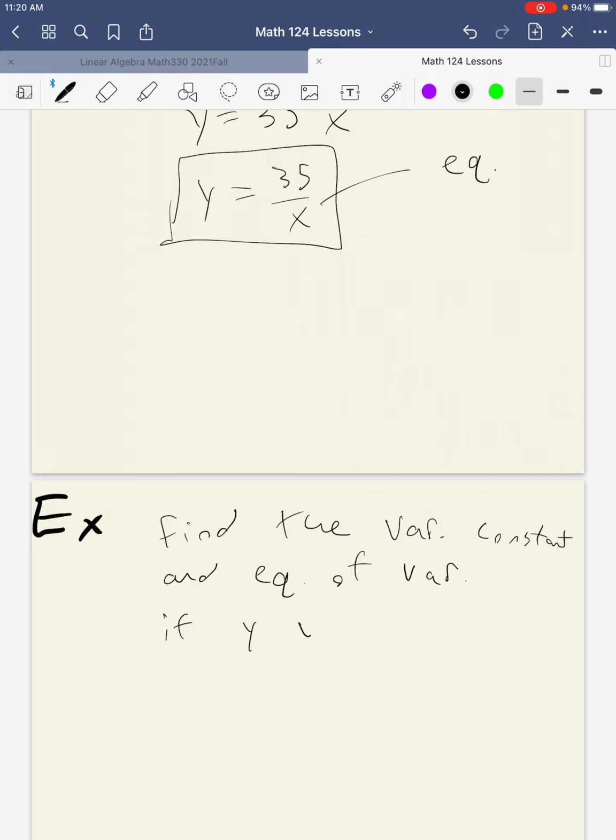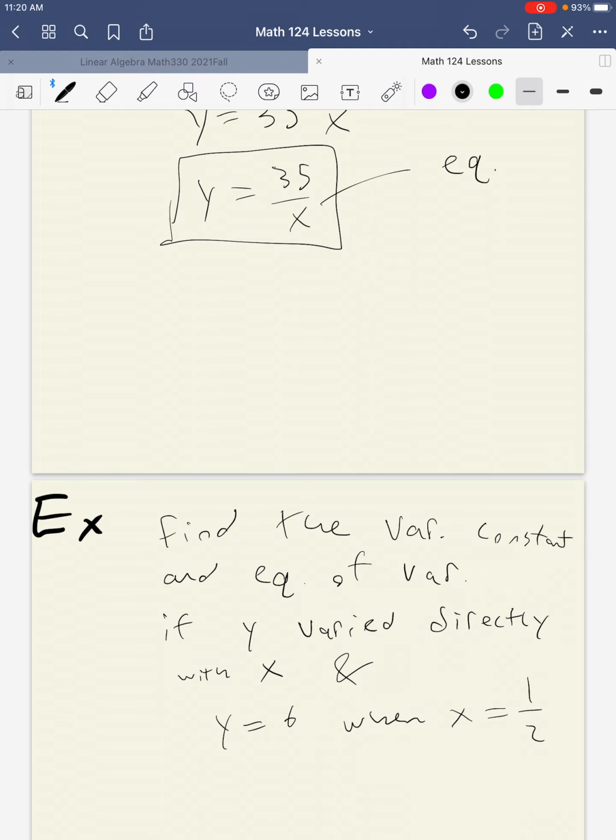If y now varies directly with x, and we're given the condition y equals 6 when x equals 1/2.